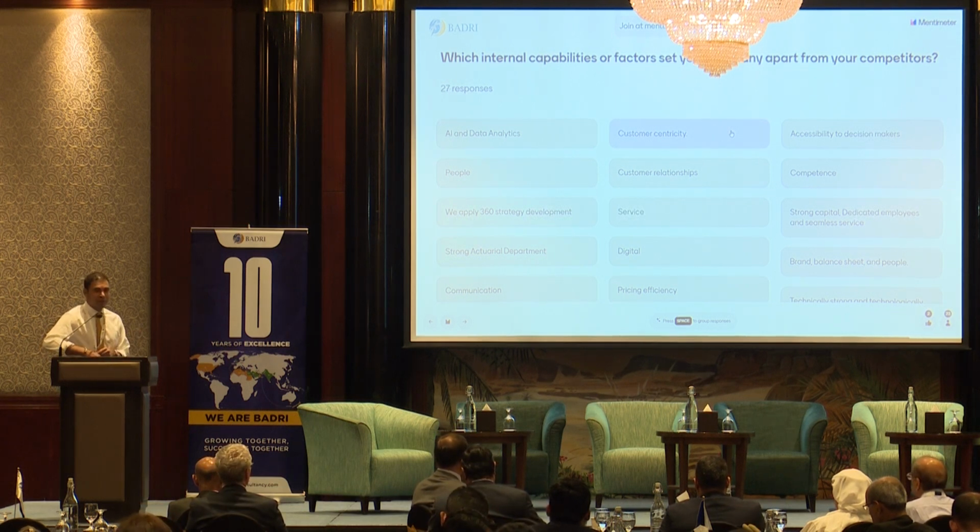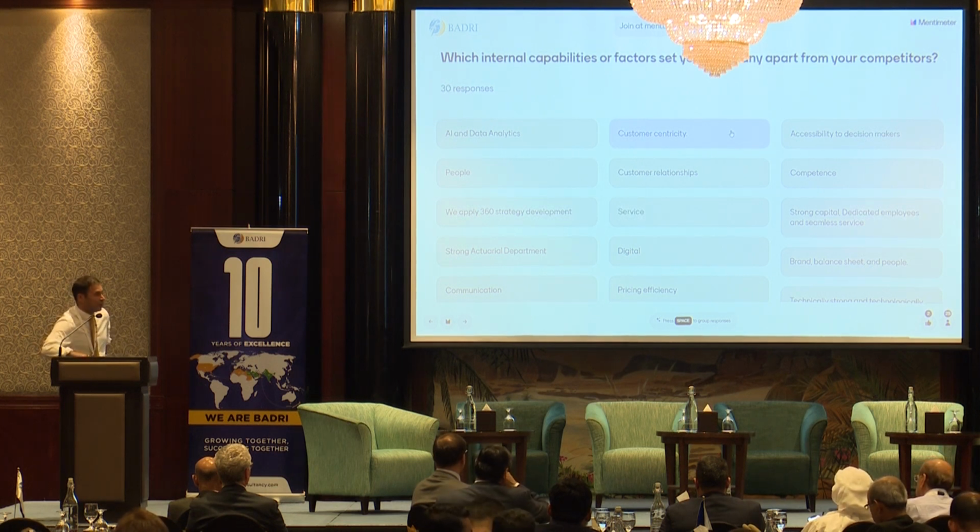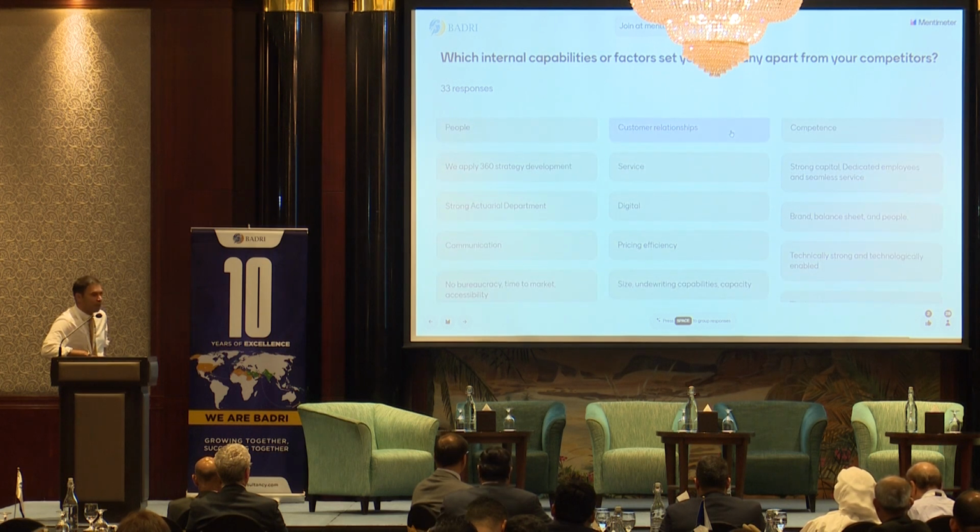Yeah, okay. So in terms of strengths, right, so what sort of themes are we seeing here? Customer centricity, that's coming up a lot. Customer relationships, putting the customer first. Oh, nice to see strong actuarial department, always helps.